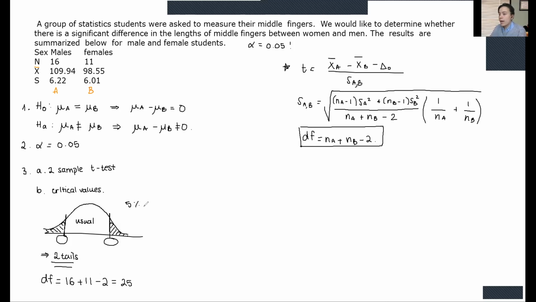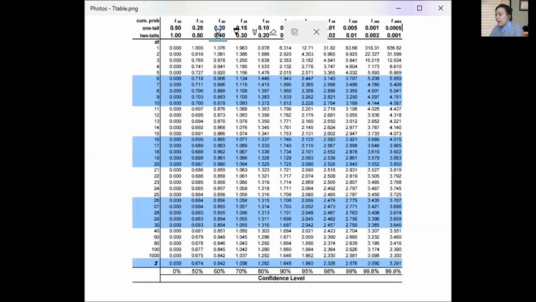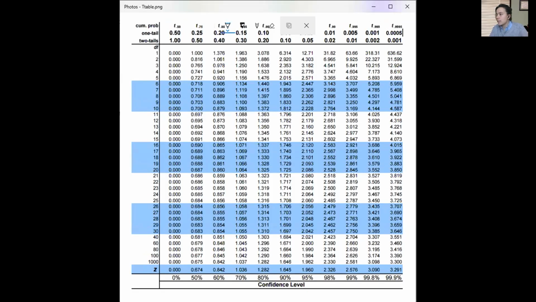Okay, so we have level of significance, number of tails of our test, and the number of degrees of freedom. With this in hand, I can now go to my t-table and use the information that we just came up with. So we have a t-test that has to have two tails, right?